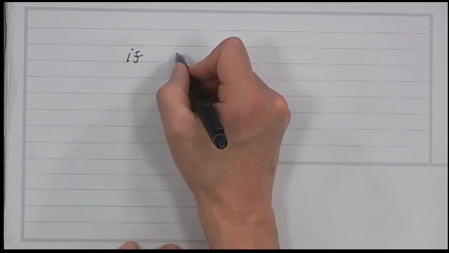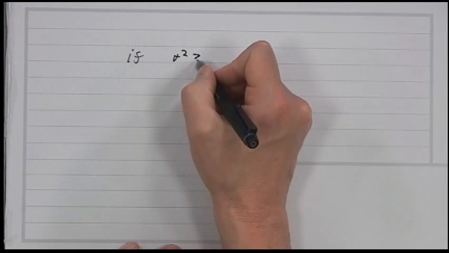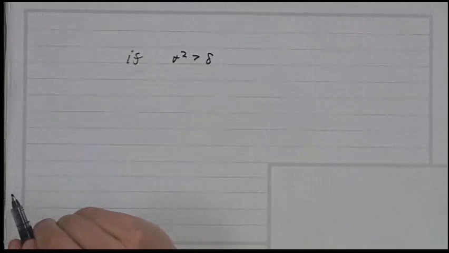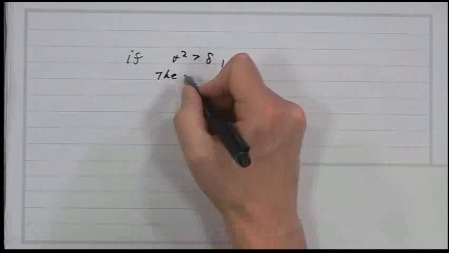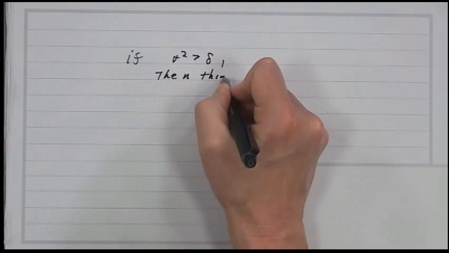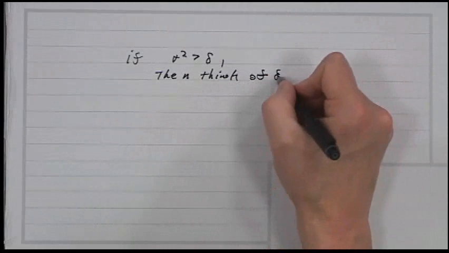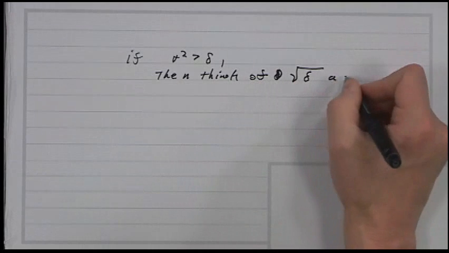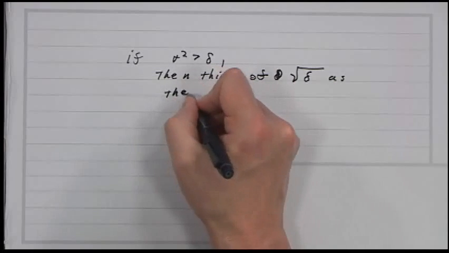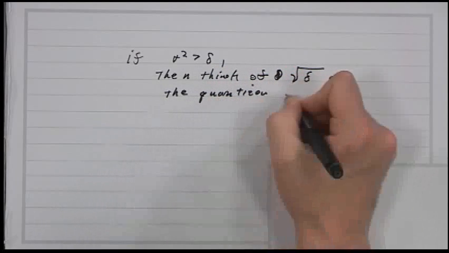If sigma squared is greater than delta, think of the square root of delta as the quantizer step size.